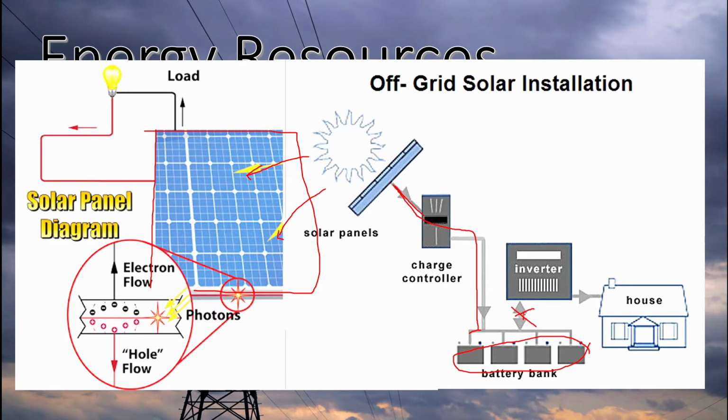This inverter will convert the power to AC. Usually all houses have AC power, but the power from the battery is actually DC. So you need this inverter to invert your DC power to AC so that you can actually use this power in your homes.